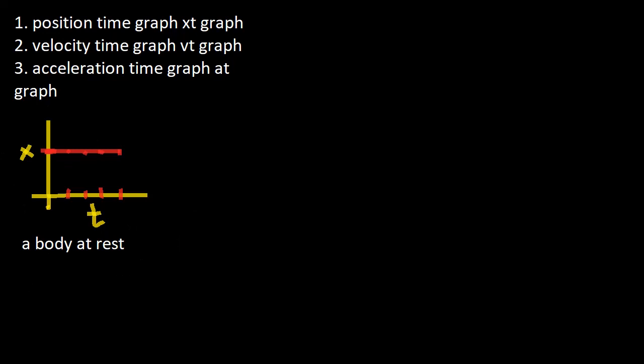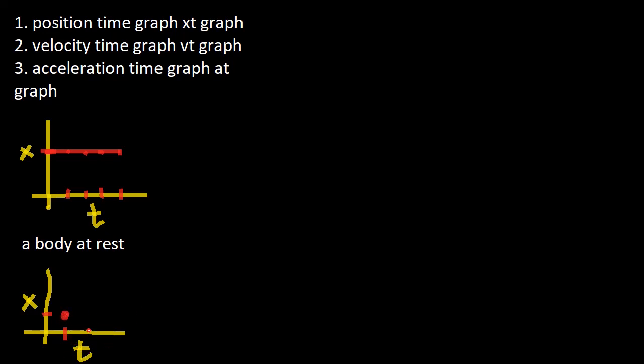After this, we move on to the next type of XT graph. The second type of XT graph is like this. Suppose we have a body which is moving with uniform velocity, so uniform motion. It will have equal changes in position in equal intervals of time. That is, if the time is 1 second, then the body might move from position 0 to 1. So the position of the body may be explained with the help of this point.